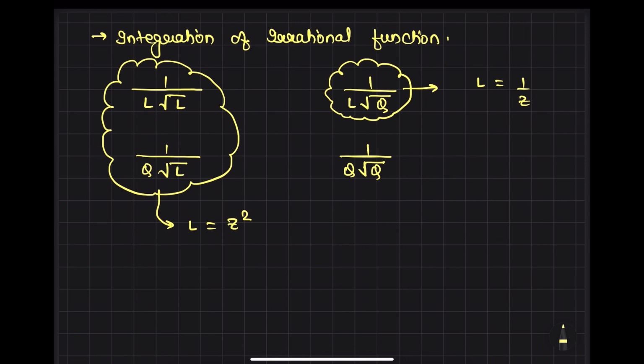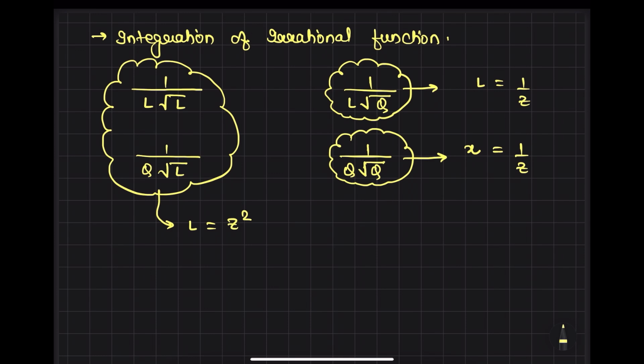Now suppose that you are dealing with quadratic root quadratic. So it is root under quadratic and outside the root quadratic is waiting. Under this scenario, just take x as 1 by z and things are done.